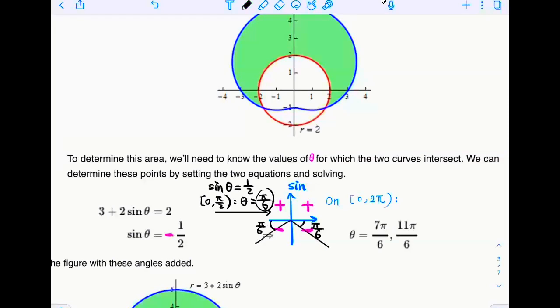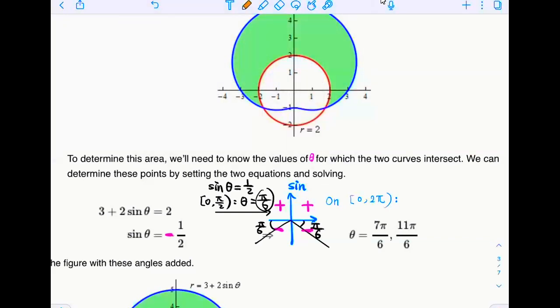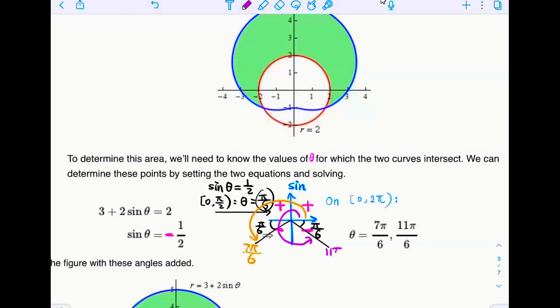Then you can just read from this diagram. What will be this angle right here? That is 7 pi over 6. And what's this angle over here? That is 11 pi over 6. And that's how you find it. You first find that angle in the first quadrant and use it as a reference.